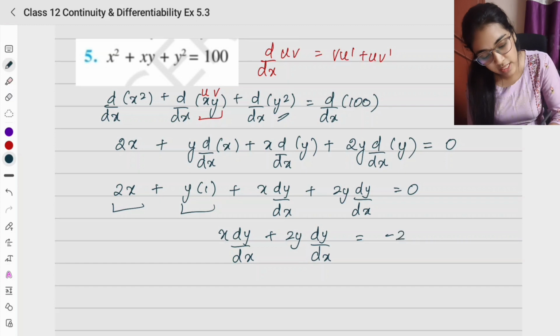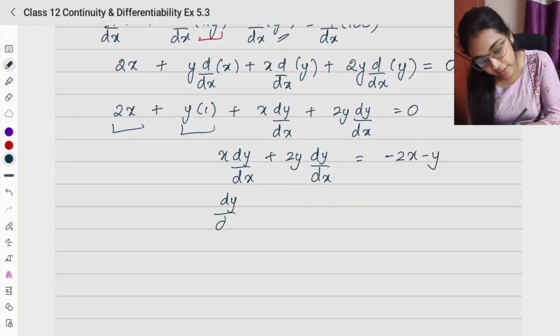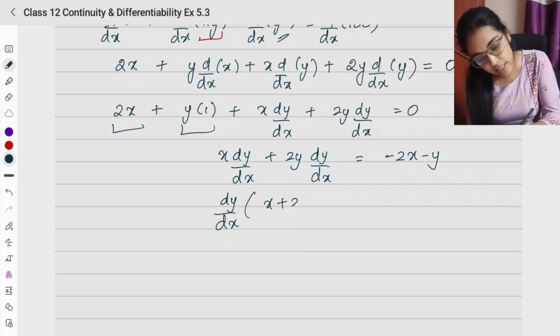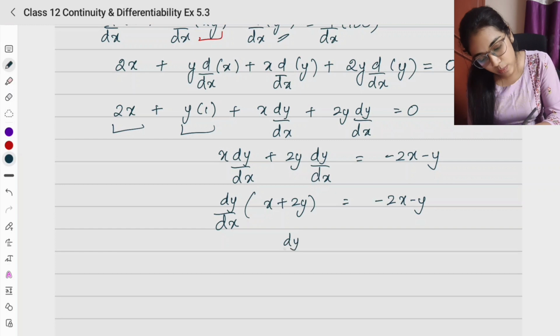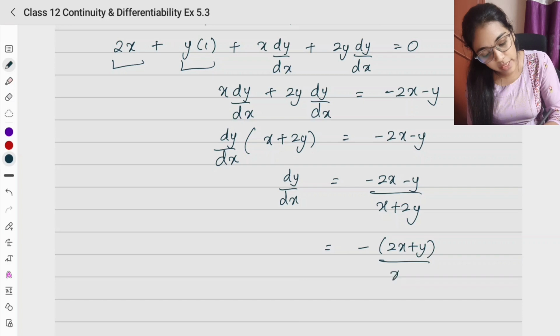So I have minus 2x minus y. Okay, so taking dy by dx common, I have dy by dx times x plus 2y is equal to minus 2x minus y. So I have dy by dx is equal to minus 2x minus y divided by x plus 2y. If needed, we can take minus common. So I have minus of 2x plus y divided by x plus 2y. So this is my dy divided by dx.